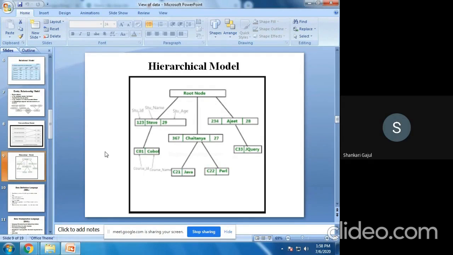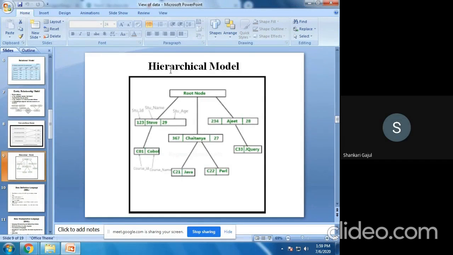We can see in the figure one kind of hierarchical graph, a tree structure, for this hierarchical model. So it basically consists of records and the relationships between the objects, represented via links, but they should be linked in a hierarchical or graphical format.